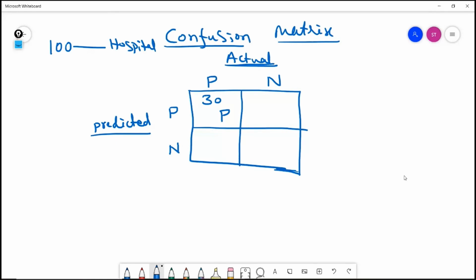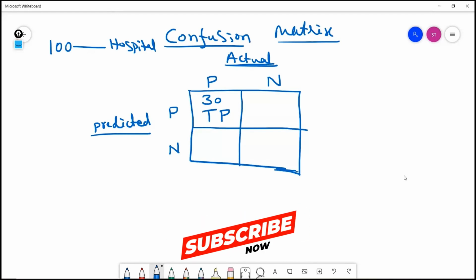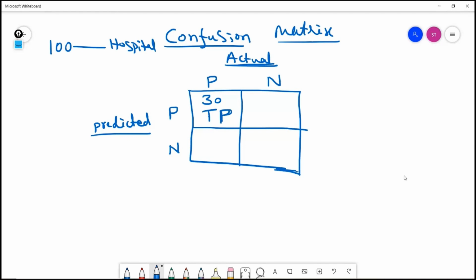Those people had COVID positive. So it means that the prediction is true. It's a true positive. The doctor also predicted positive, and in reality those people are positive. It means that the prediction is true.